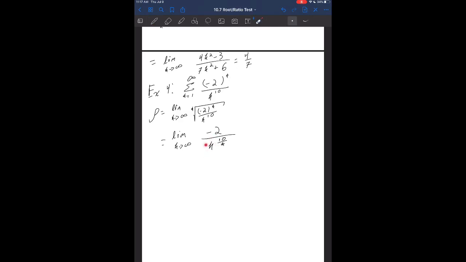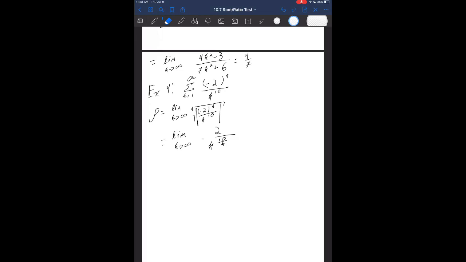We have this 10 to the k and the k here. So what's going to happen is we're going to get 0 over infinity raised to the 0th power. And this is one of those indeterminate forms where it's not actually going to tell us what the limit is equal to. Okay, so we can rearrange slightly.